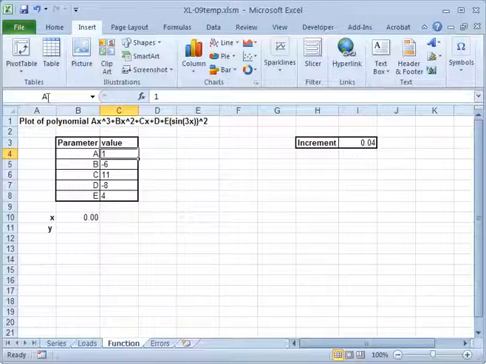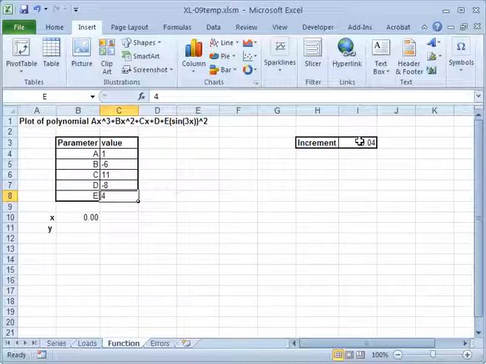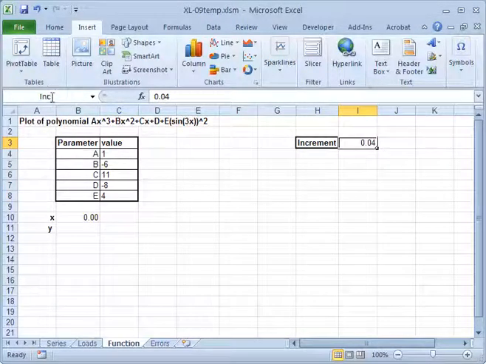So when you look at this name box, this is a, that is b, cc, d, and e. You just give a name for that. And that is the increment of x values to draw a really nice graph. So we decide that and give a name for that, which is inc, for increments. Okay, so that is the basic setting.